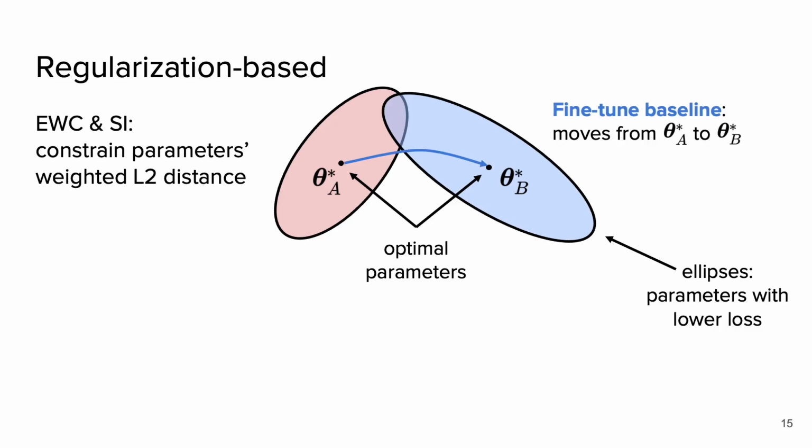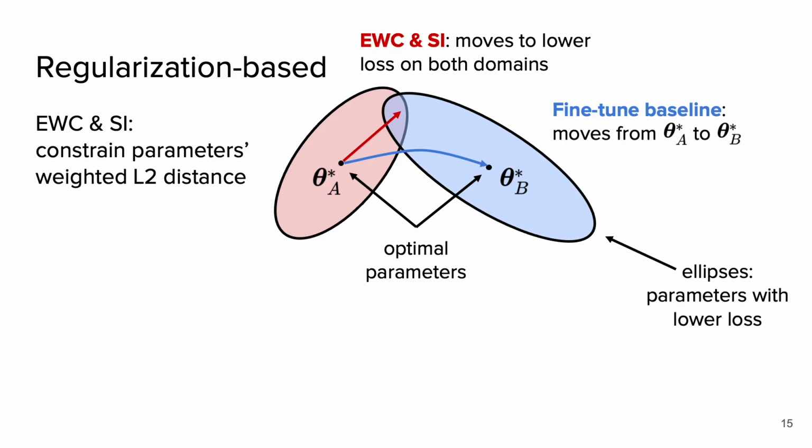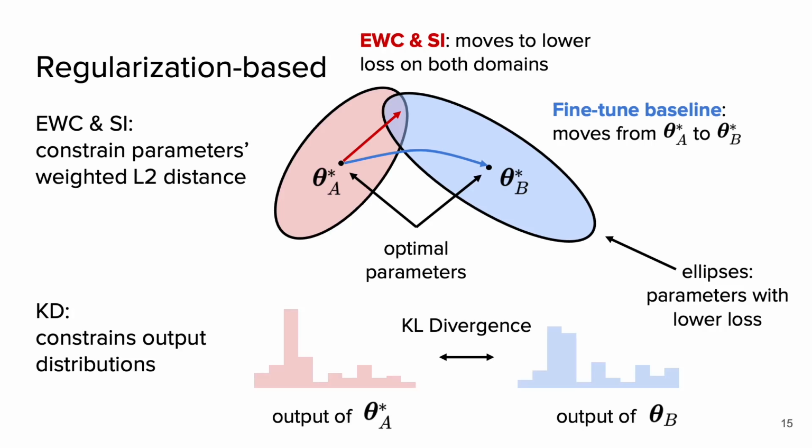The blue arrow is the fine-tuning baseline, making the model move from theta A star to theta B star, and leads to lower loss on domain B, but higher on domain A. Moreover, the red arrow indicates EWC and SI, making the model parameters move to lower loss on both domains. Also, knowledge distillation tries to constrain output distributions by minimizing the KL divergence.